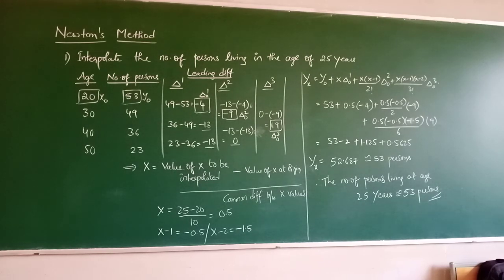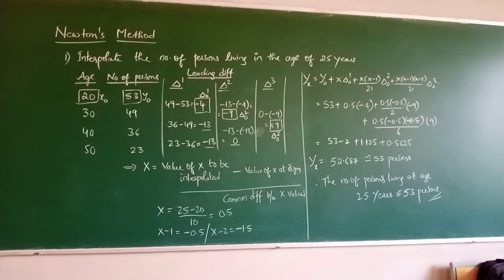Clear? Now look at the question. Age 20, 30, 40, 50 and number of persons 53, 49, 36, 23. Clearly the missing value is not shown, and the missing value of y need not be the missing value of x. Clear guys? So the leading difference delta 1: 49 minus 53, 36 minus 49, 23 minus 36.